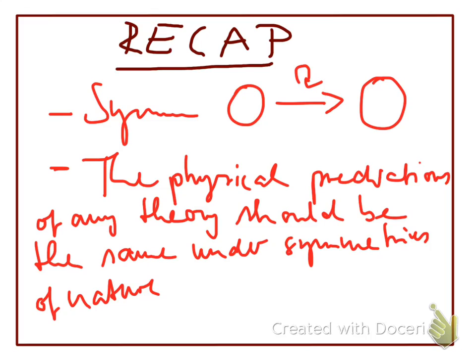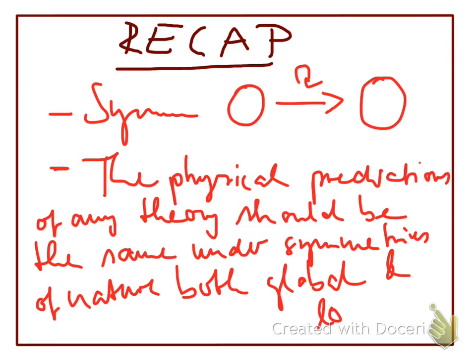And these symmetries of nature we can think of as being both global and local. So as being symmetries that apply if we do stuff to the whole system, but also if we do stuff to the internal degrees of freedom, so we change things only in some parts of the system.